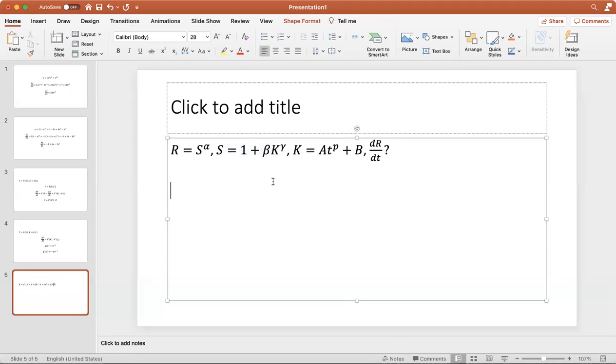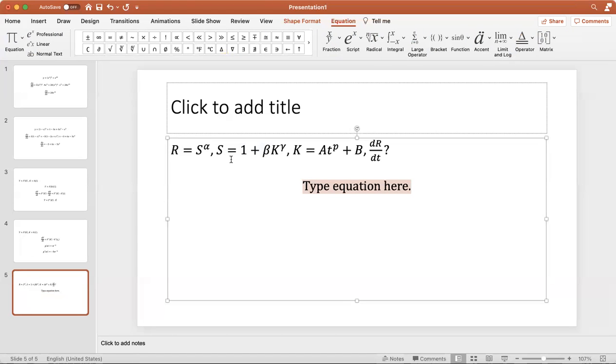So we're asked to get the derivative of r with respect to t. For an easier visualization, maybe you can just plug everything in. So r is now equal to some bracketed term raised to alpha, because we know s is 1 plus beta times K raised to gamma.